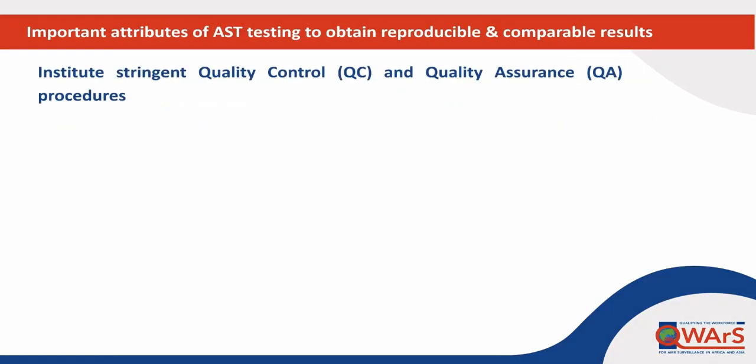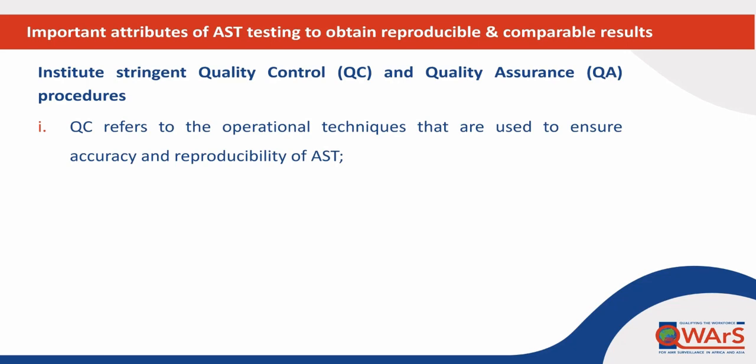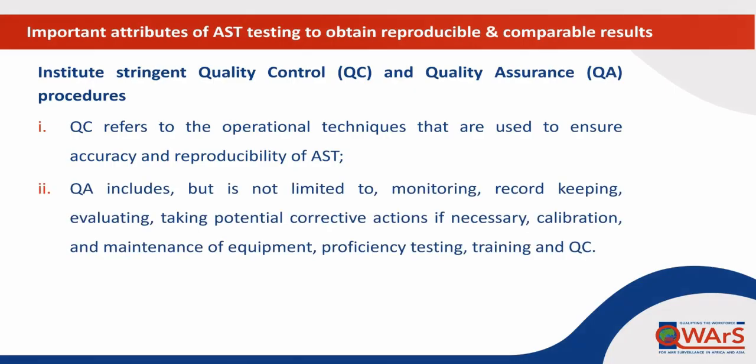In order to obtain reproducible and comparable results, all laboratories that participate in AMR surveillance programs should adhere to international standards. These standards include strict adherence to quality control (QC) and quality assurance (QA) procedures. QC refers to the operational techniques that are used to ensure accuracy and reproducibility of AST.